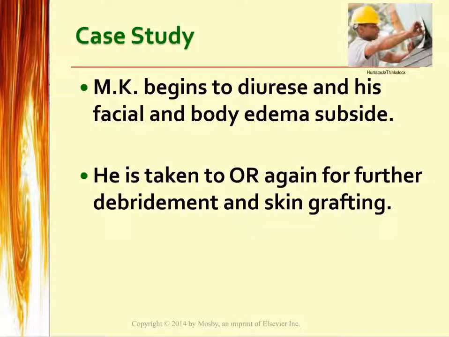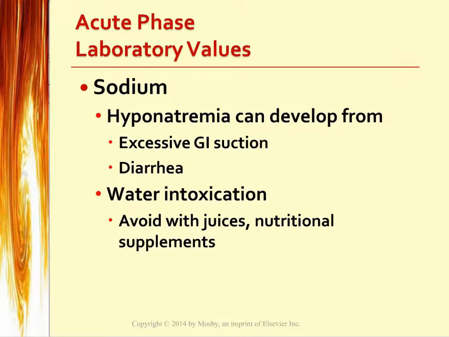So what laboratory values do you need to monitor? And what imbalances is he at risk for at this stage of the game? Well, hyponatremia can develop from excessive GI suctioning or diarrhea, and water intoxication can occur.